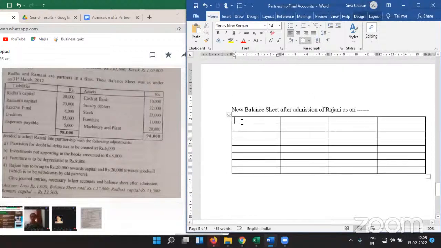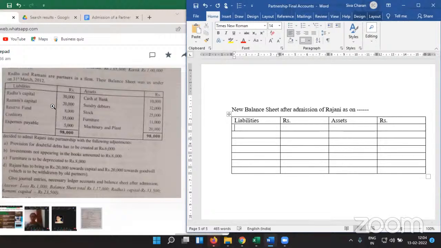In the balance sheet, these are liabilities and these are assets. Let us start with the liabilities.